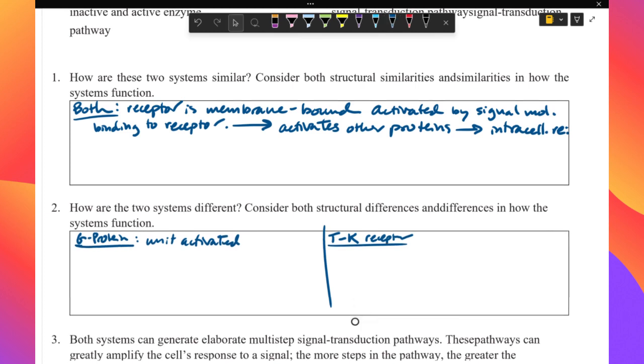The G protein unit is activated by the signaling molecule, and this results in a conformational change.